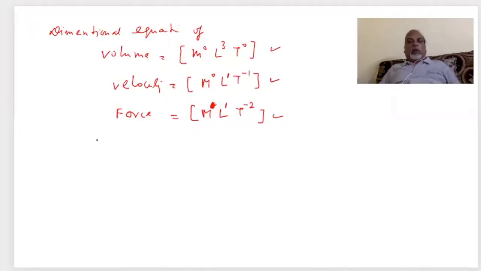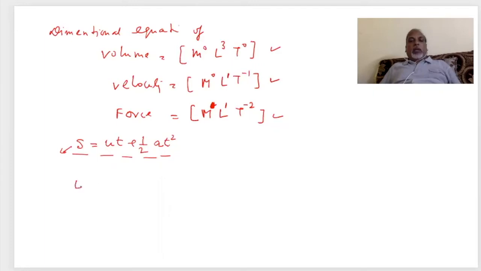Now let us talk about the dimensional homogeneity principle. Whatever equation is there, suppose you have an equation like this. This we have studied, this is a valid equation, but let us dimensionally check it. What is this? This is distance.